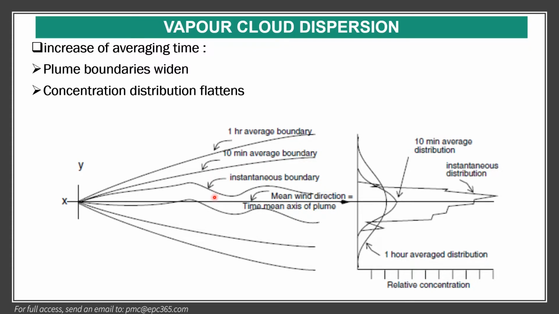This is 10 minutes. This is instantaneous, and the concentration distribution for lattice. And here, if you see the 1 over average distribution, it goes like this. And this is for instantaneous. If you see the relative concentration, you know how it works, and the plume will change in widths and distances, and it has an effect on decisions for safety.